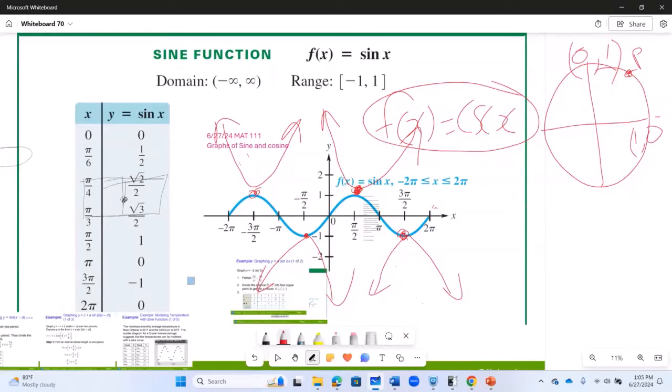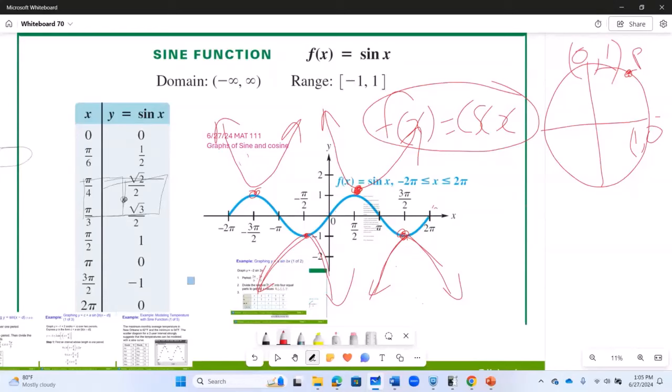Even in the graph, wherever sine is maximum, cosecant is minimum, and so on. If you can visualize this and can draw it, that's all you need to know.